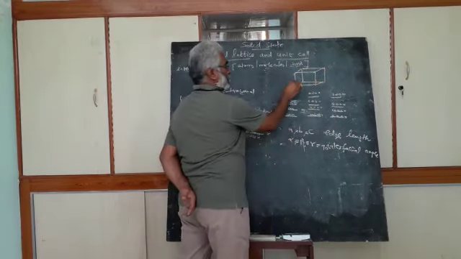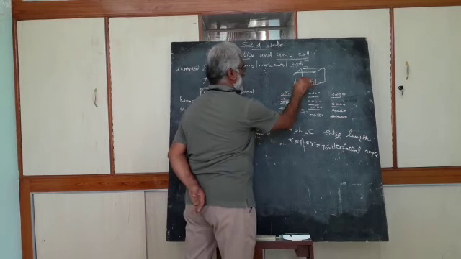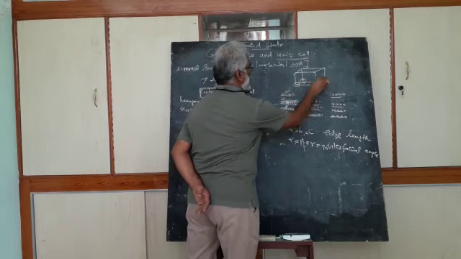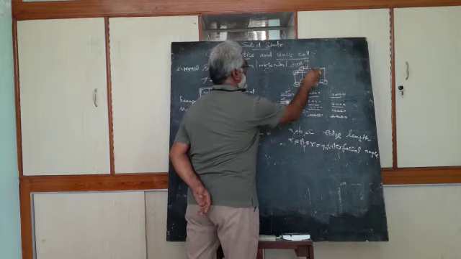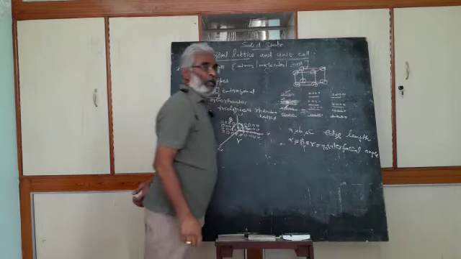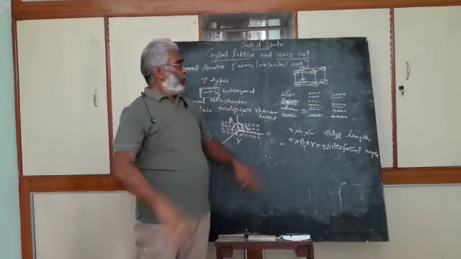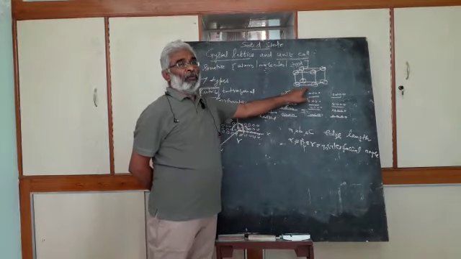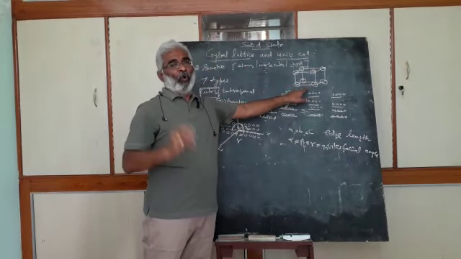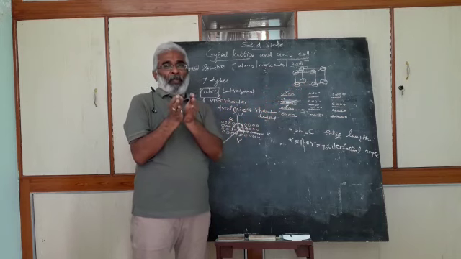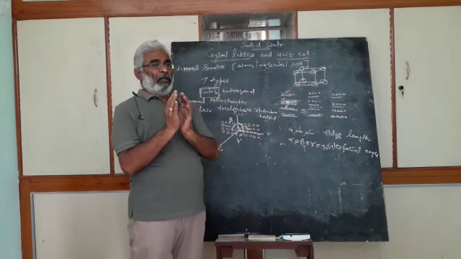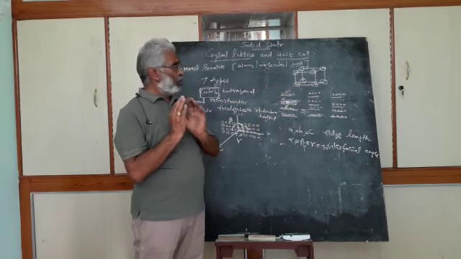You can assume this is one atom, second atom, third atom, fourth, fifth, sixth, seventh, eighth atom. But don't think the atoms are present this way. I showed the fruits as a model; they are closely arranged, but in order to imagine the shape, I have drawn it like this.